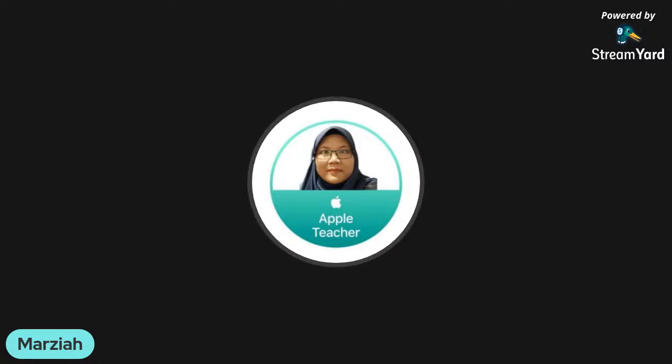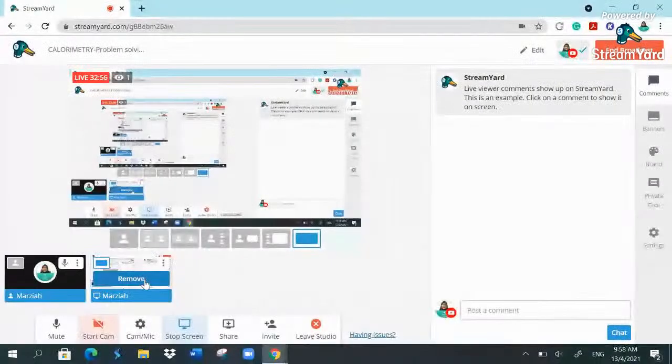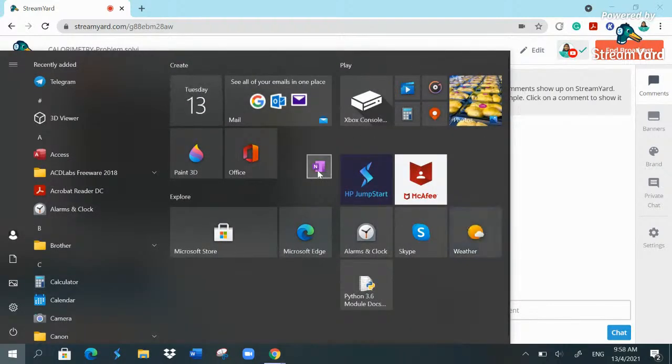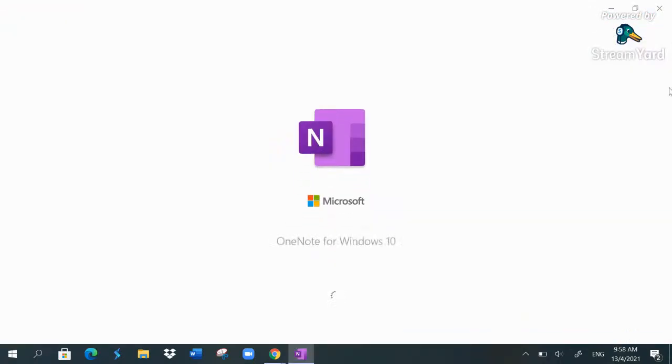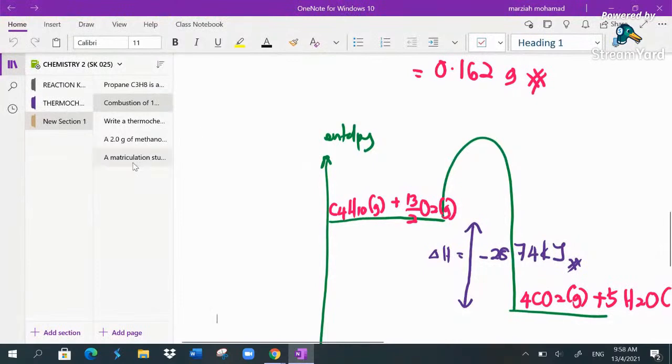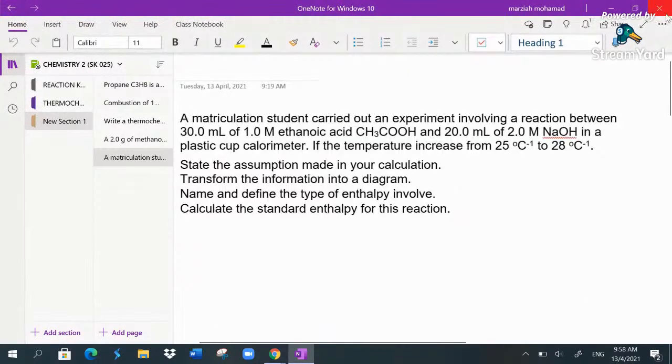Okay. Sekejap. Saya rasa nombor ni saya tunjuk lah. Sekejap ya. Saya tunjuklah enthalpy of neutralization tu. Saya takut ada yang tak tengok.